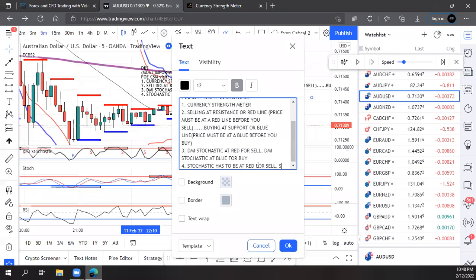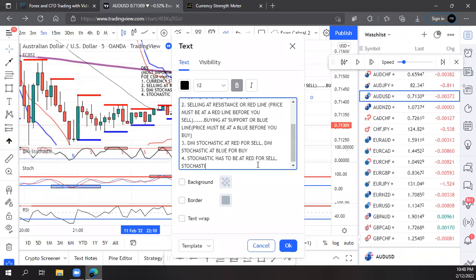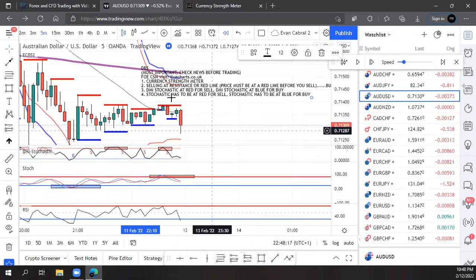Then stochastic has to be at blue for buy. So that's basically what we're looking for. Stochastic has to be at the red area.